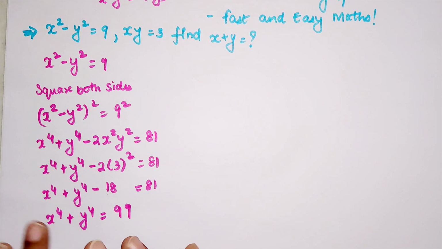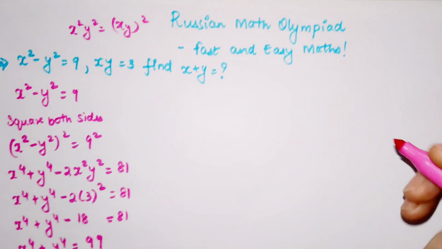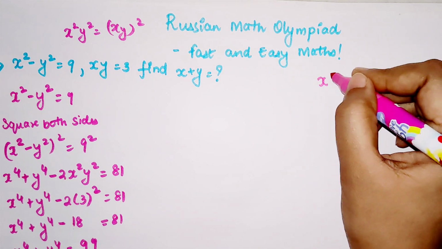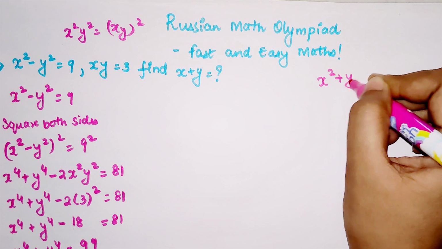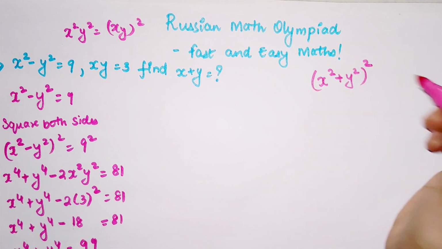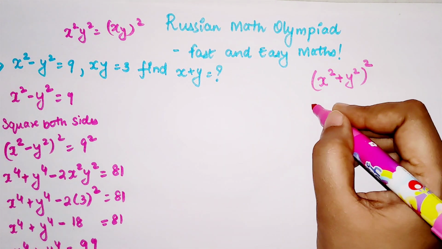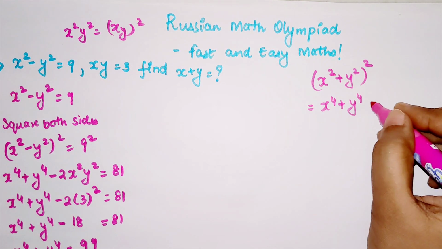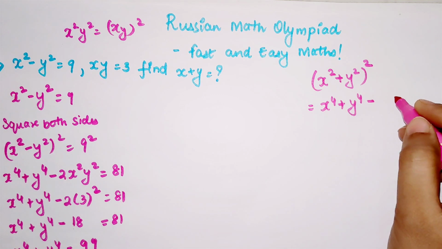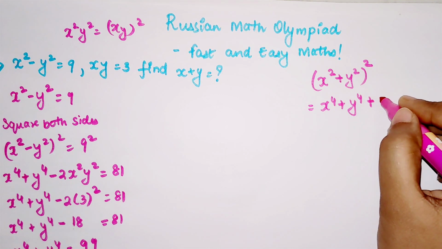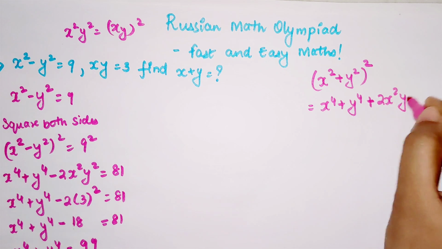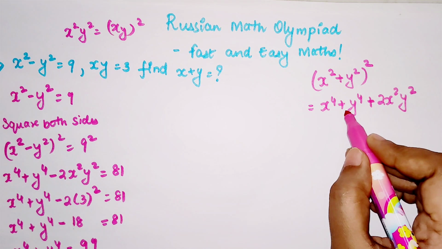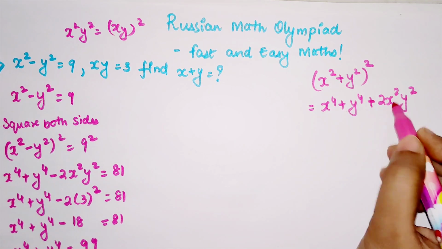So here we will use certain logic of identities. Look over here, if I had x square plus y square the whole square, that can be written as x raised to 4 plus y raised to 4 plus 2 x square y square, right? But I just want this, so I can shift this over here.